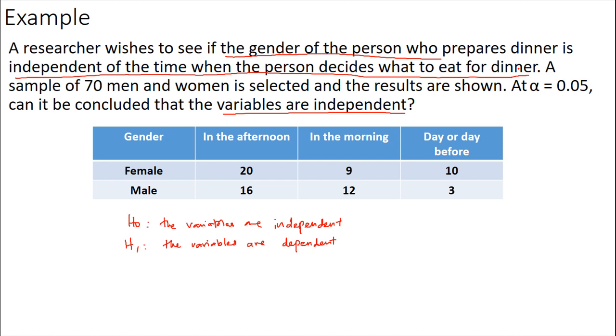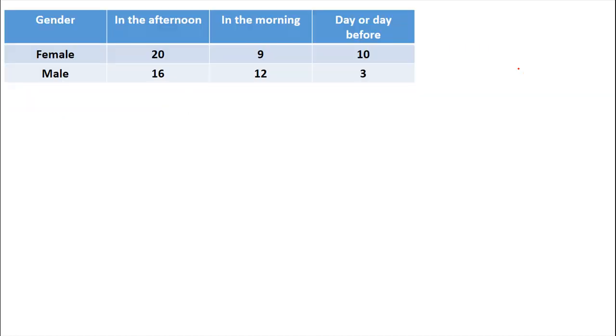Okay, after we state the null hypothesis and also the alternative hypothesis, before we can proceed with the calculation of expected value, you have to find the row sum and the column sum. For the row sum, 20 plus 9 plus 10 is 39.